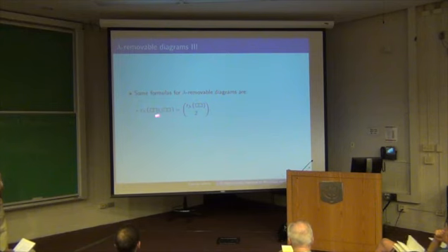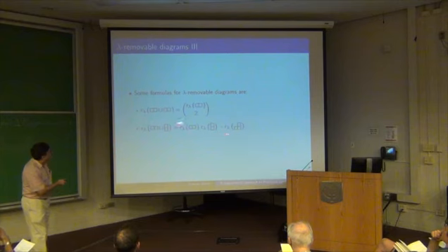Then, when you have a skew diagram that is not connected, you can express the number r lambda as some kind of polynomial in r lambdas of connected diagrams of smaller size. Here is one example, and here is another example.